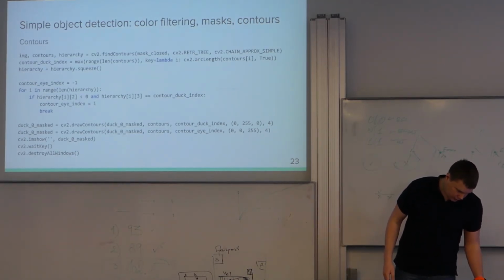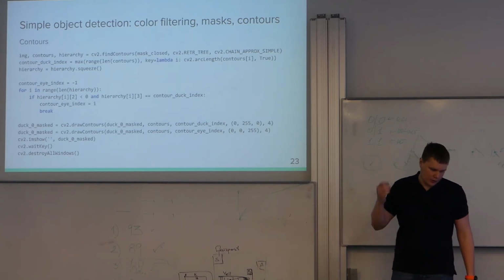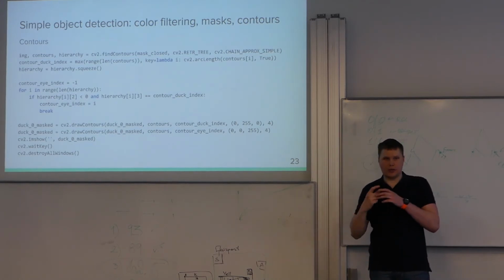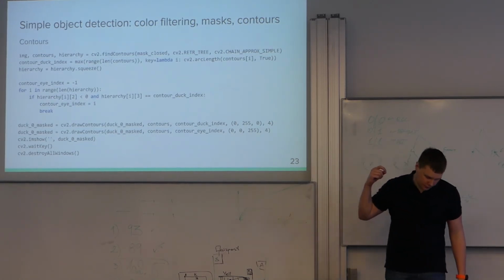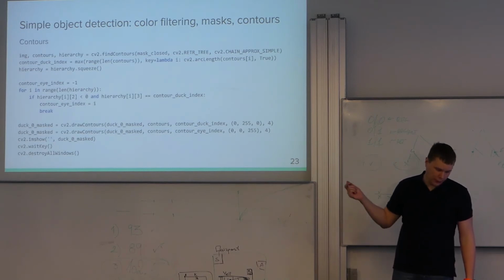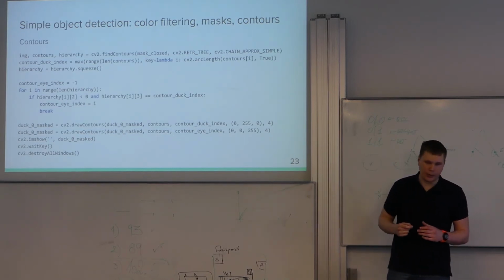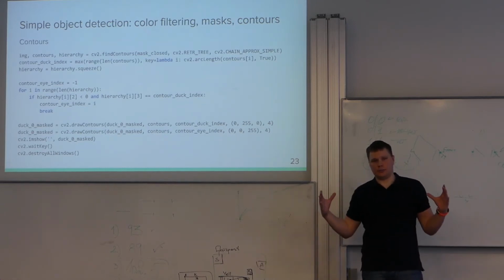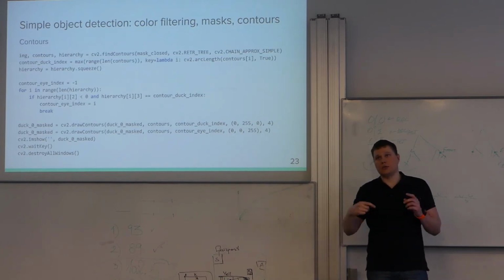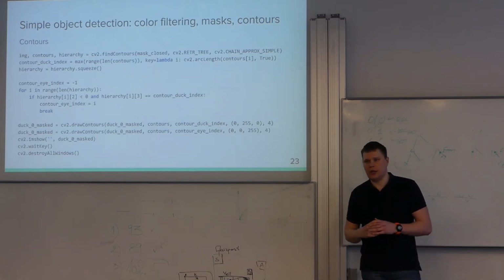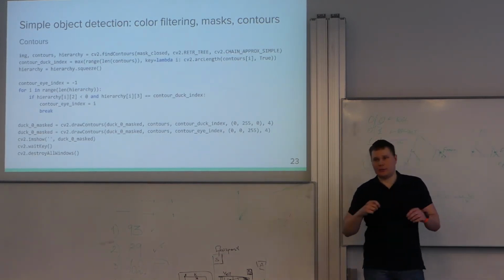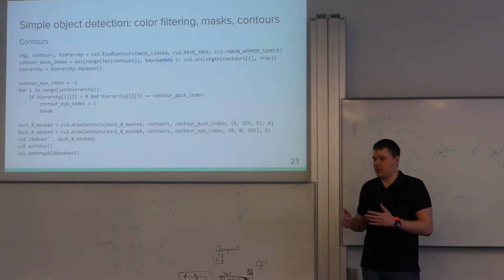The third element is information about the index of the contour nested inside this contour. And the fourth element is information about the parent contour. So it's about which contour surrounds our contour. It may be a little bit complicated, but if you go to the repository and play with the code, you can get a notion about how it works.